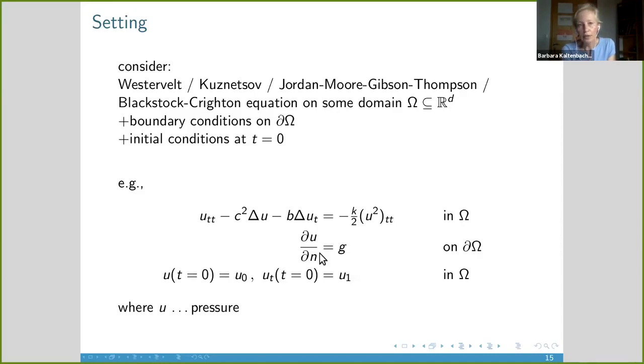This type of boundary condition, and homogeneous Neumann, can, for instance, be used to model excitation of ultrasound waves. We also, of course, need initial conditions on u and u_t, where u is, for example, the pressure, and here is, for example, the Westervelt equation with a simplified writing for the constants.